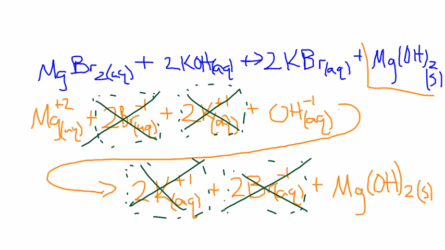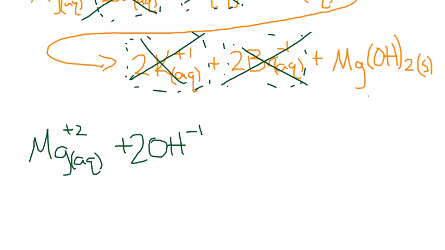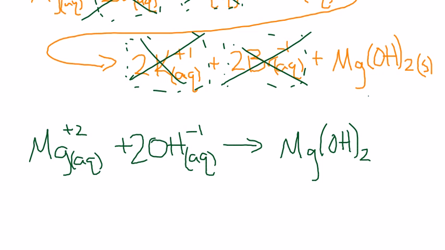So that should be a 2 there, and that should be a 2 there. I screwed that up. I apologize. Plus 2 OH-1, and that's aqueous as well. And then that reacts to form magnesium hydroxide, and that is a solid. That is your net ionic equation. Okay, I'll go ahead and erase this, and we'll move on to the next one.